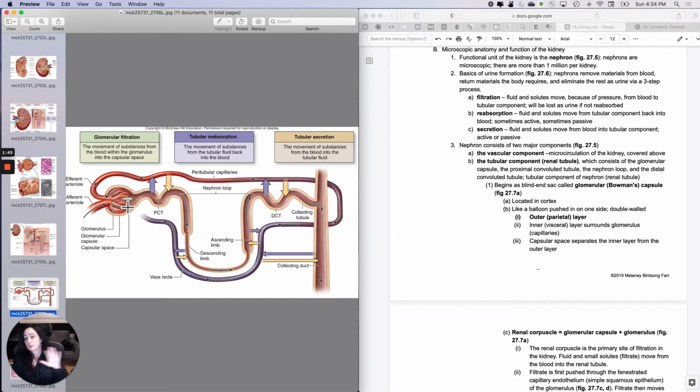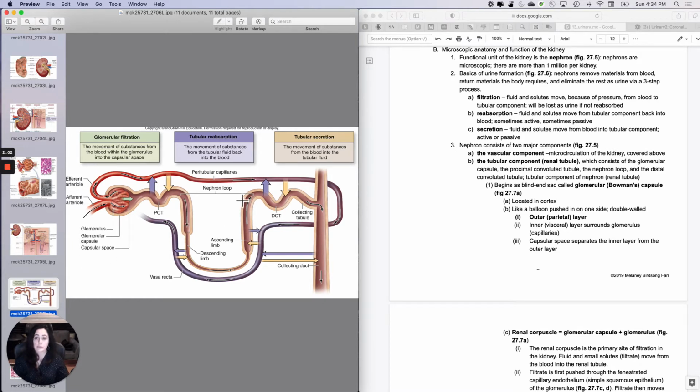So it pushes things out. The primary place that filtration occurs is the glomerulus. And remember, I told you that the glomerulus was higher pressure than most capillaries because the afferent arteriole leading in is bigger than the efferent arteriole leading out, which makes it really good at filtration.